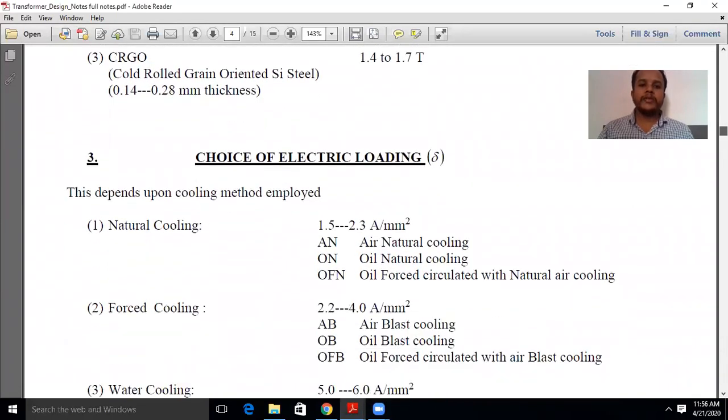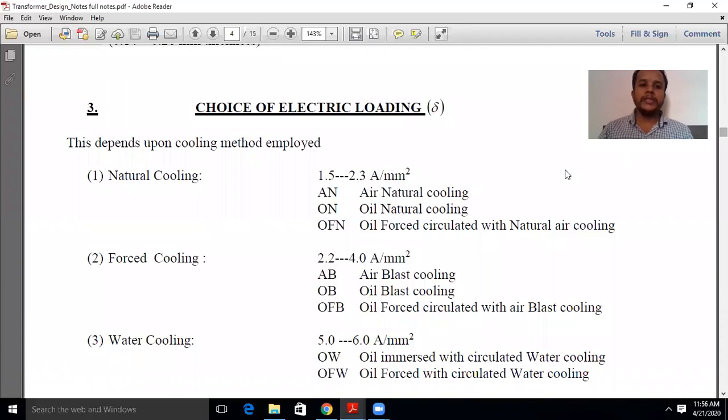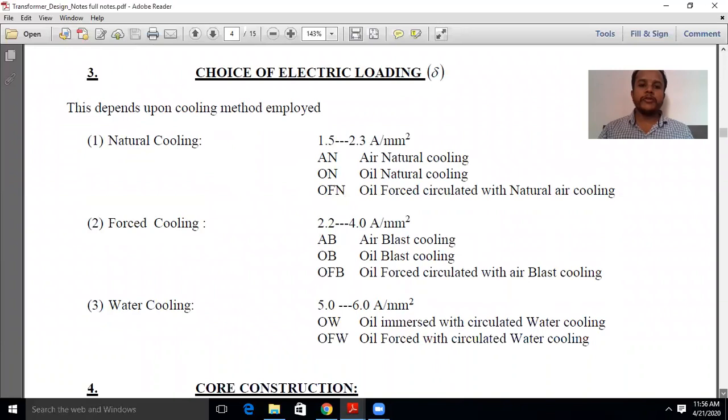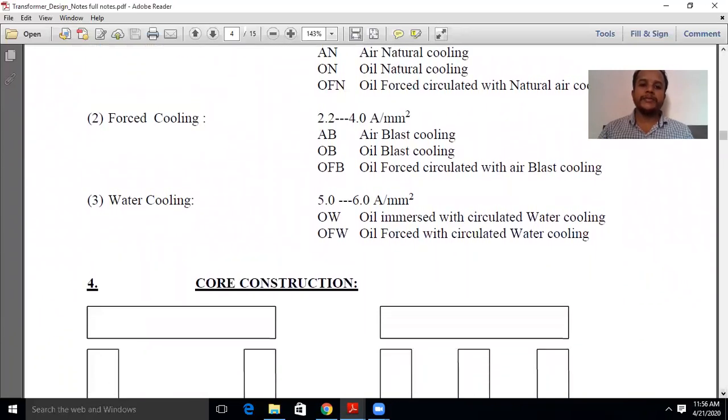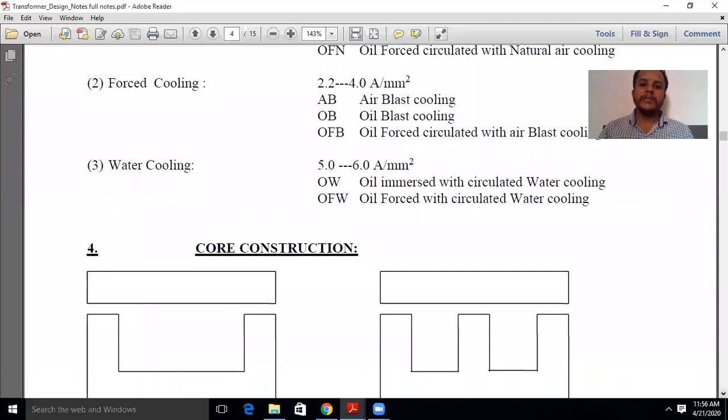Then we discussed the choice of electric loading, delta, which depends on the cooling method. It is 1.5 to 2.3 ampere per millimeter square for natural cooling, 2.2 to 4 ampere per millimeter square for forced cooling, and 5 to 6 ampere per millimeter square for water cooling.